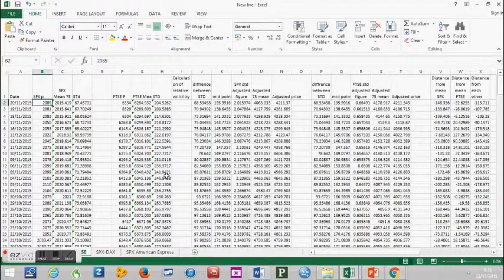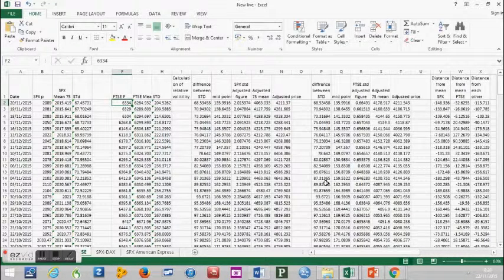Now what I do is I take this figure and I adjust it. This is the adjusted figure here, and these columns just calculate volatility to create this number so that we can get them the same. This is what we adjust it by, so we times it by 2.0159 to get this figure of 4211. So we time the S&P 500 by the adjusted figure to get this figure.